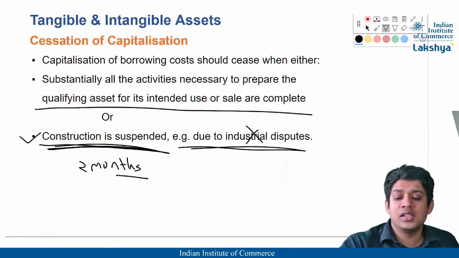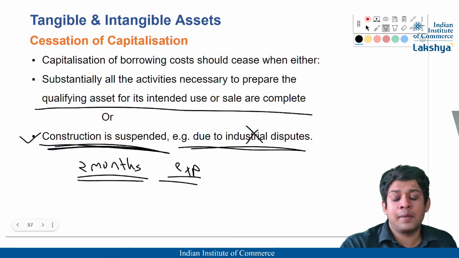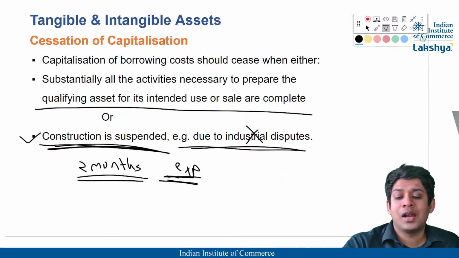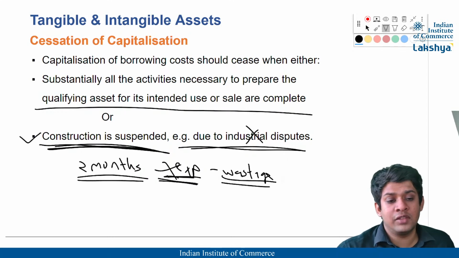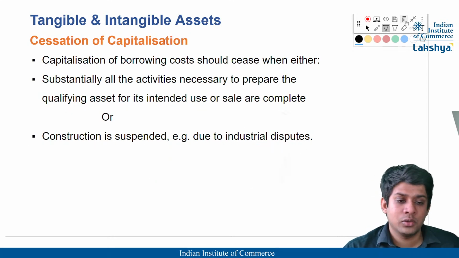During those 2 months, it is an expense to me because it is a wastage, right? The interest that I'm paying on the loan, obviously I have to pay, correct? But the work is not done. So it is an expense to me. It is like a wastage to me. So wastages are already an expense to the P&L. They are not to be capitalized within the asset value, correct?